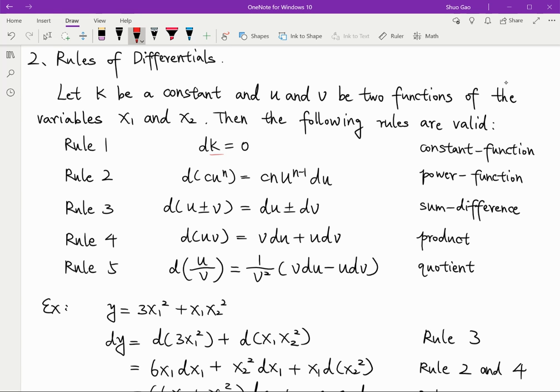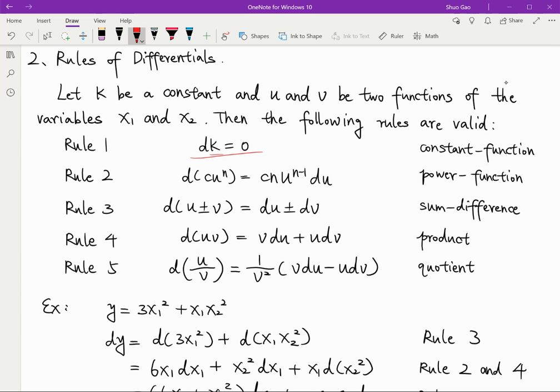Because k is a constant. The differential of any constant is just 0, because the rate of change of a constant function is always 0, right? So the total differential will still be 0, because the value doesn't change.